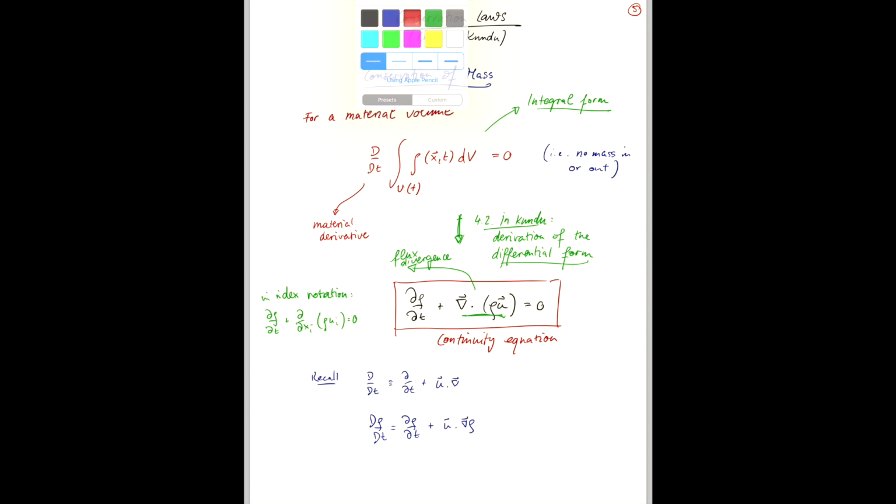And now we realize that we can write the divergence of rho u as rho grad dot u plus u dotted with grad rho. And so you can see that this term here is the same.